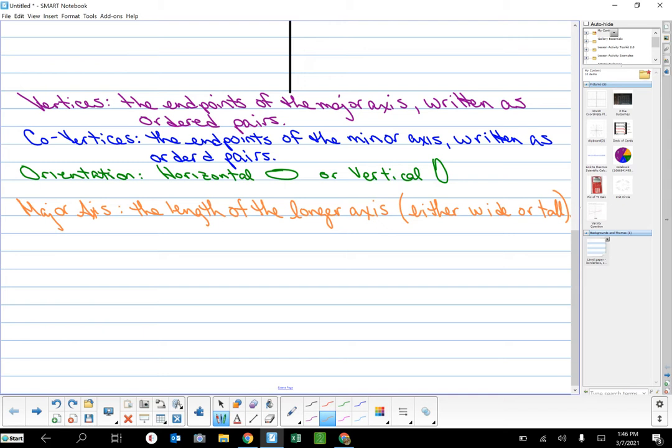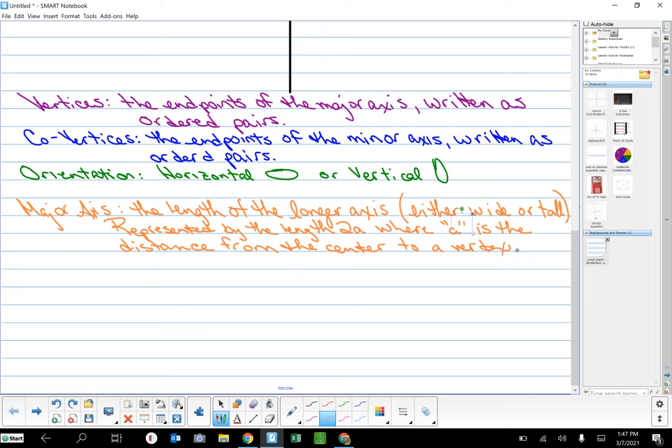And it's represented by the length 2a, where a is the distance from the center to a vertex. And we already defined what that is.